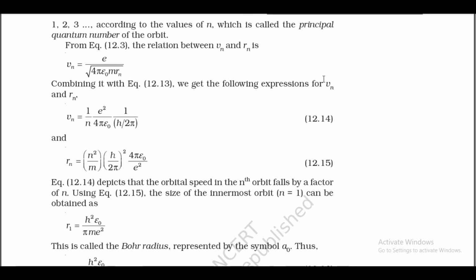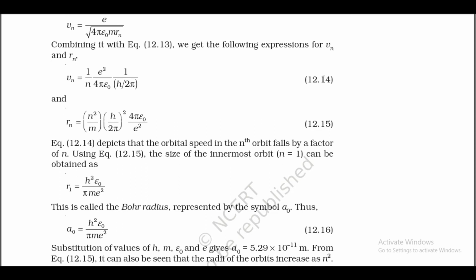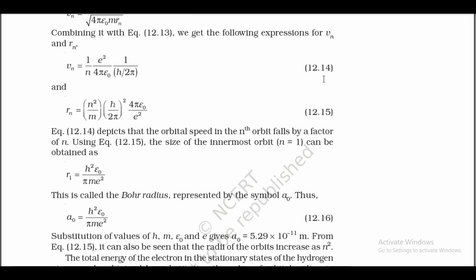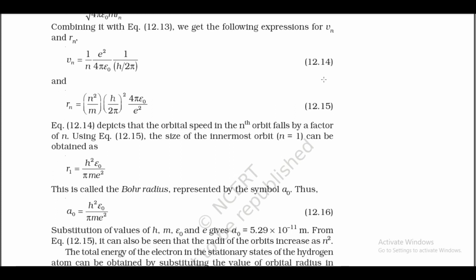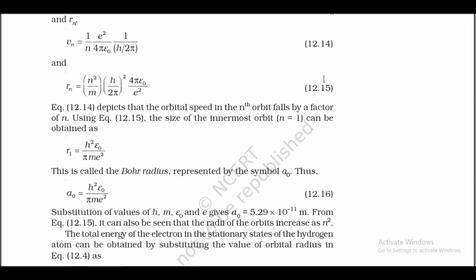Using equation 12.15, the size of the innermost orbit, n is equal to 1, can be obtained as r1 is equal to h squared epsilon naught by π m e squared. This is called the Bohr radius, represented by the symbol a0.